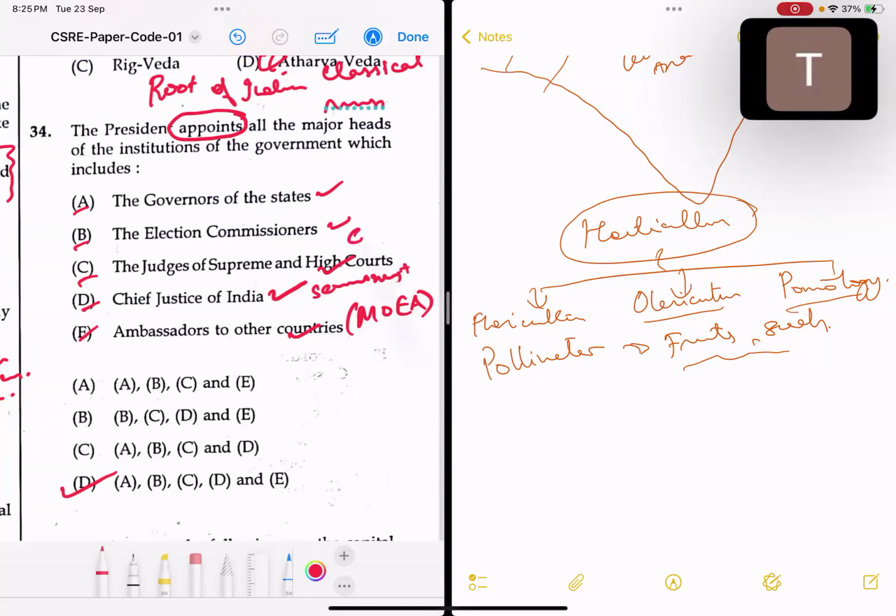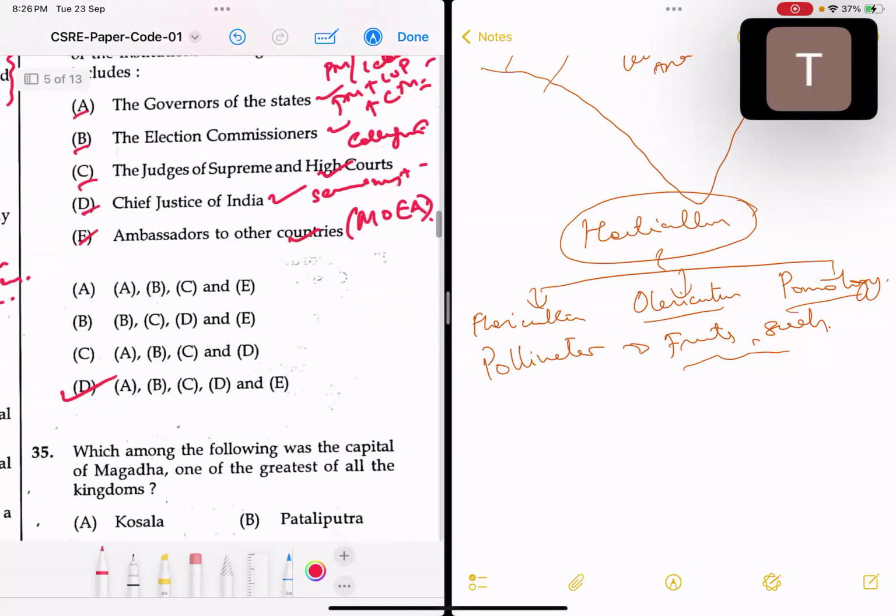Judges of the Supreme Court follow the collegium system. Governors of a state are generally chosen by the Prime Minister or the cabinet, right? And for the election commissioner, there's a committee, right? Consisting of the Prime Minister, leader of opposition, and one cabinet minister, right? So the actual selection is done by this group of people, but the formal appointment is done by the president. Okay, so you kindly clear yourself with this concept.